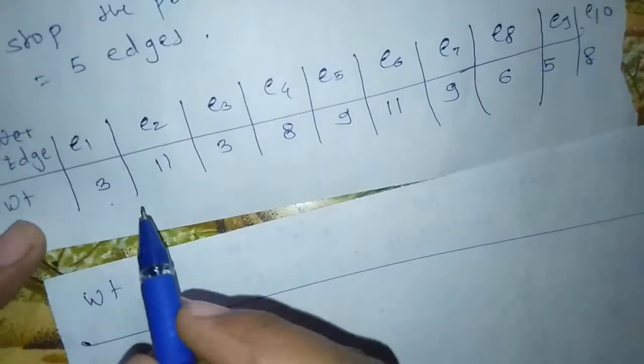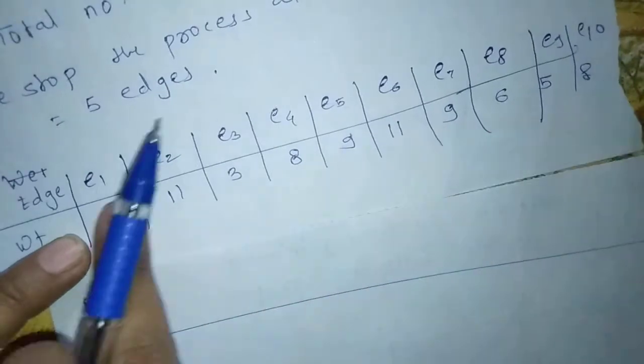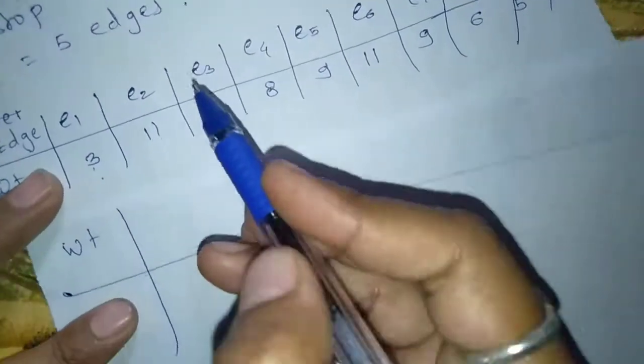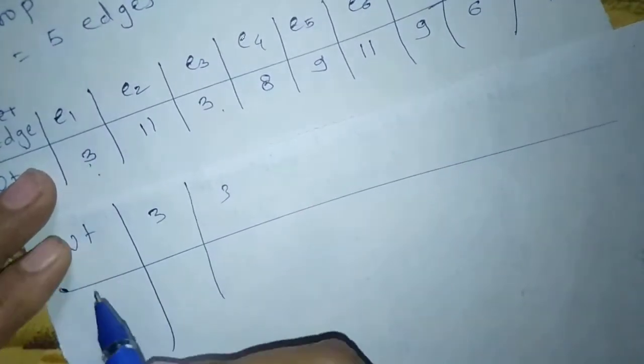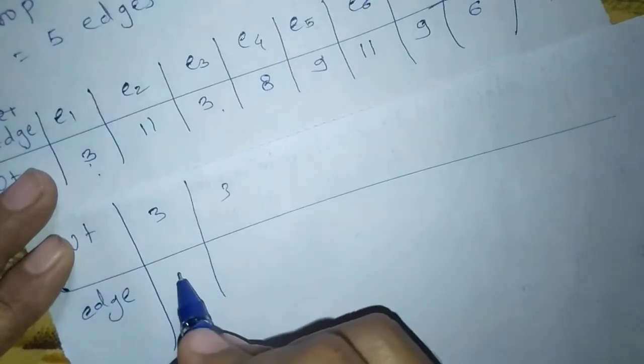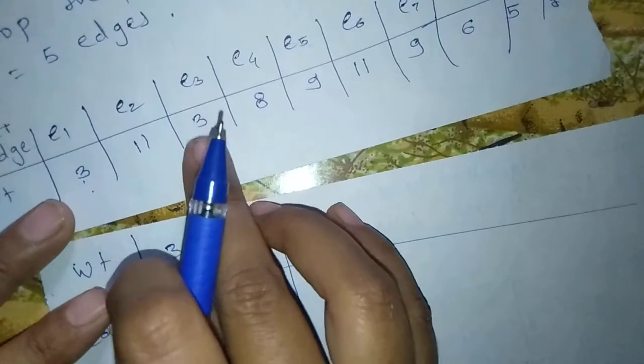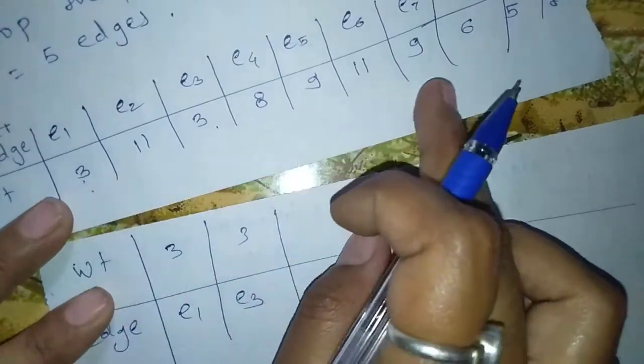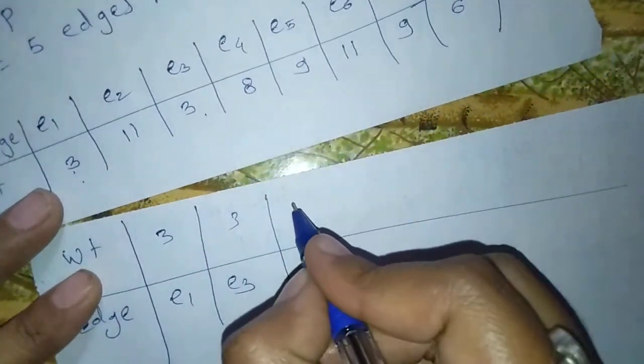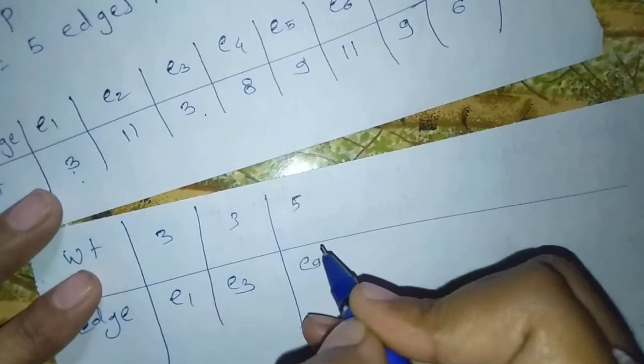So first of all take weight with increasing. Here minimum weight of all of these is 3, 3, and edges of this weight are nothing but E1, E3. Next minimum weight which is more than 3 is nothing but the 5, so E9.